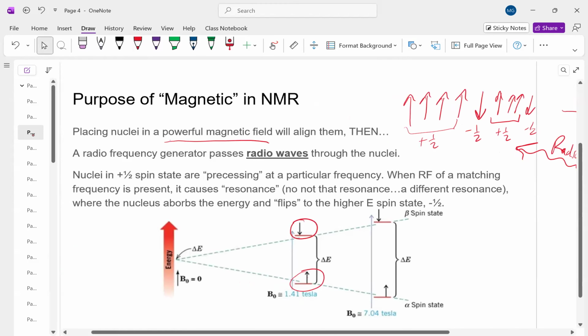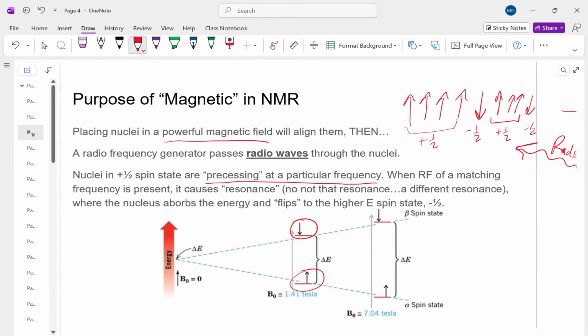So these nuclei that are in the plus 1/2 spin state are precessing at a particular frequency. And when radio waves or radio frequency, RF, with the right frequency that those plus 1/2 spin states are precessing, it causes resonance. And I'm not talking about resonance at the beginning of the semester where we're using arrows to push electrons around.